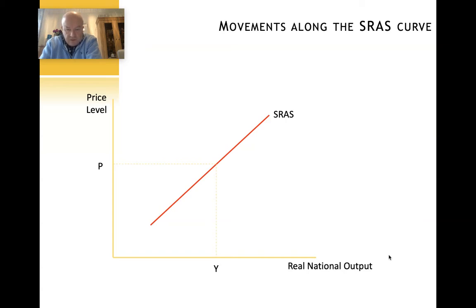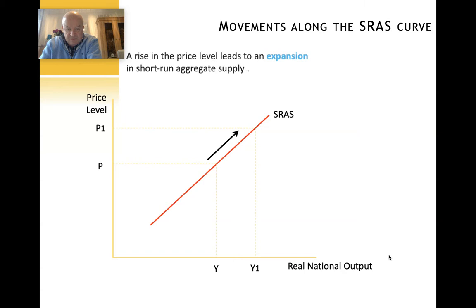Again, in the short run aggregate supply, if the price level that we can sell at as a producer increases, then clearly more people are likely to want to supply, and as a result, as the price level goes up, so would SRAS. So a rise in the price level will lead to an expansion in short-run aggregate supply.